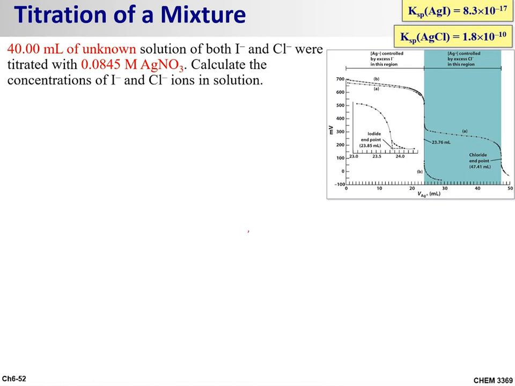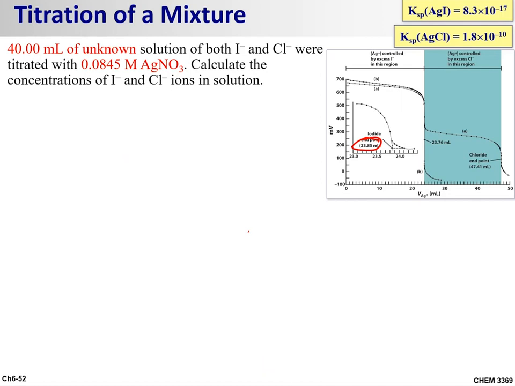The only thing that you need to keep in mind here is once you determine the endpoints, using these methods that we just discussed, to precipitate the first ion, the iodide, we used 23.85 milliliters of the titrant, okay?